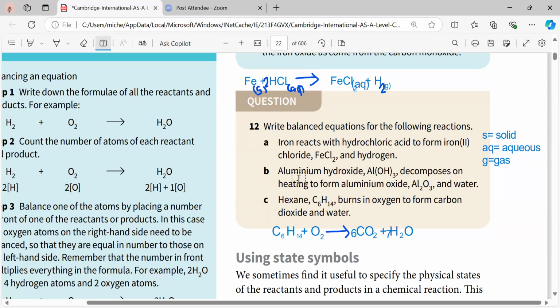Okay, so oxygen right here is actually pretty complex. Okay, so this is really complex.